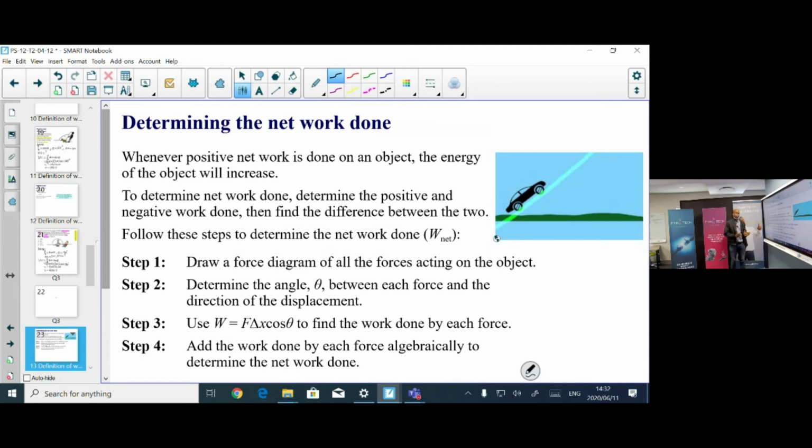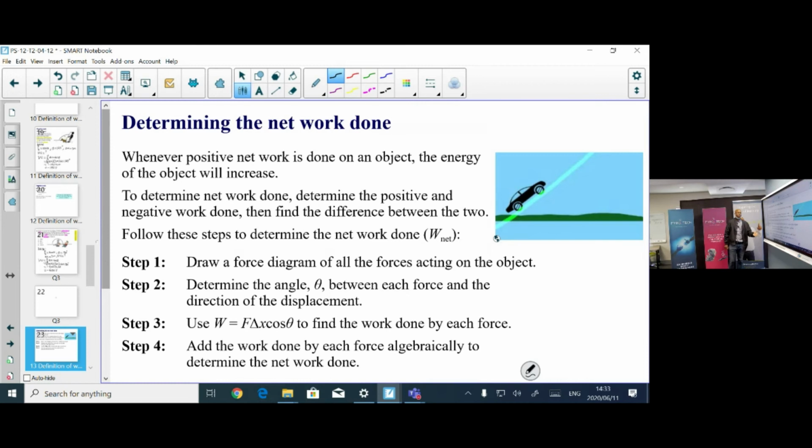After those forces, we can go to the work done, then find the difference between the two. If one force is going up, the applied force, and the other is going down, of course, we have friction that is always opposing the motion of an object. We are going to get the difference between the applied force and the frictional force.